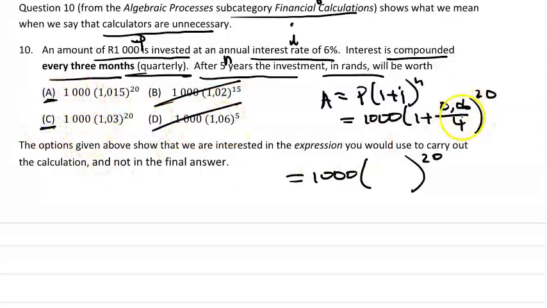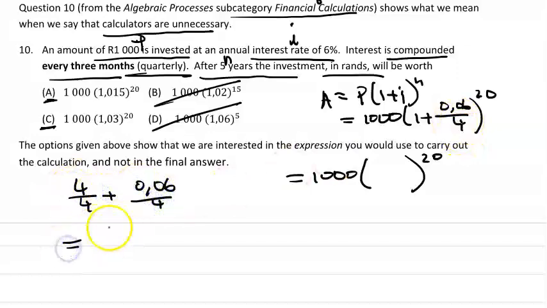So if we can do some division here, I'm sure we'll be able to solve this question. Let's look at that. 4 over 4 plus 0.06 over 4 is equal to 4.06 over 4.